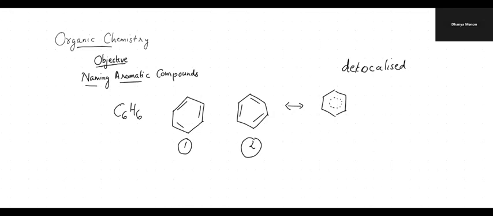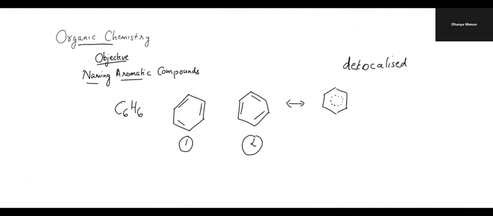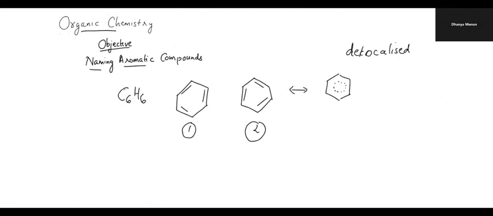Double and single bonds can alternate, and it can be either structure 1 or structure 2. The double bonds and single bonds can be in any position. So a hybrid structure was developed, showing that the position of double bonds is not fixed.